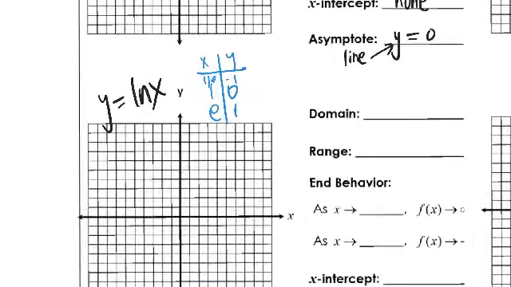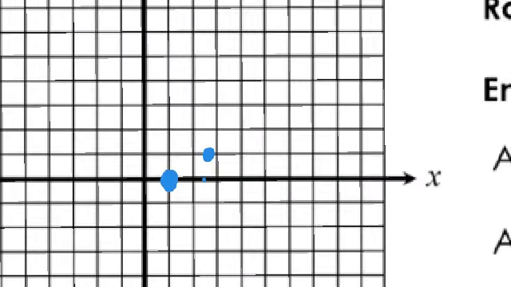So 1, 0, e, which is about 2.7 over, 1 up, and then 1 over e, which is 0.4, right? So just a little less than halfway through the first tick, negative 1. And I'm assuming that my scale is 1, 1, 1, okay?